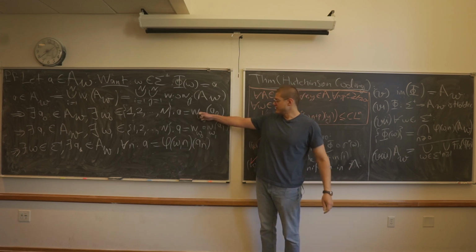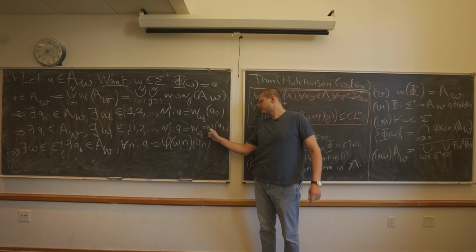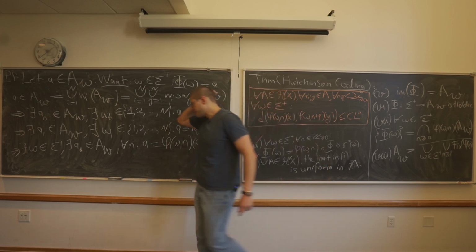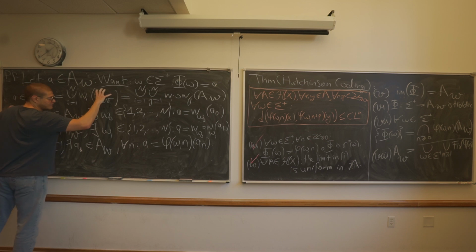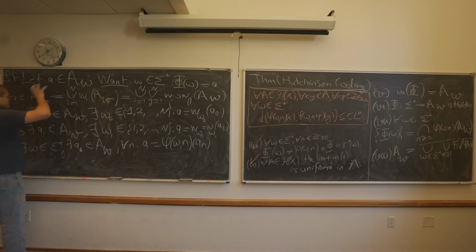So this is phi of omega comma 1, this is phi of omega comma 2, and so on. And just keep applying this. At each step, I'm just replacing this A sub w inside the Hutchinson operator by another copy of it to get more and more unions.